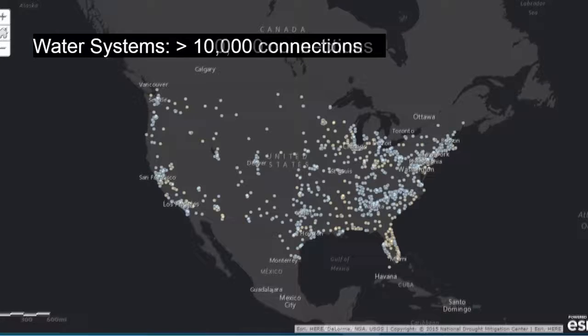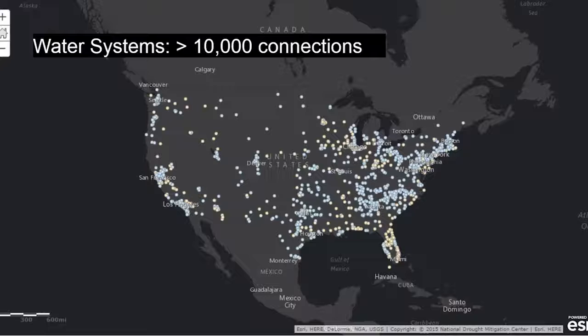And then if you take a look at those that have more than 10,000 connections, it starts to get a little more full. And you'll notice very quickly there are some blue dots and some kind of orangish dots. The blue dots get their water from surface water, and the orange dots get their water from groundwater.